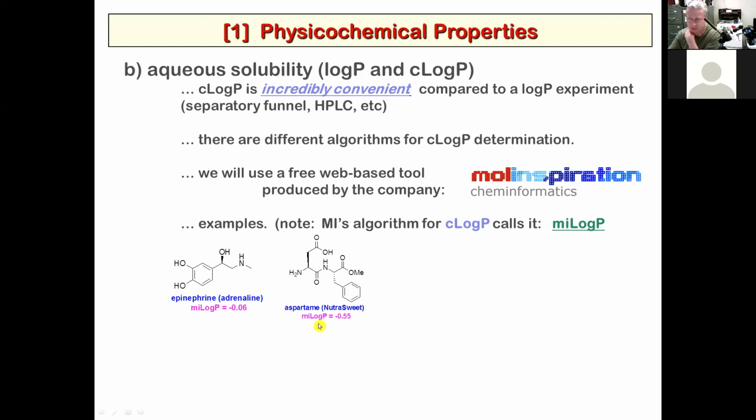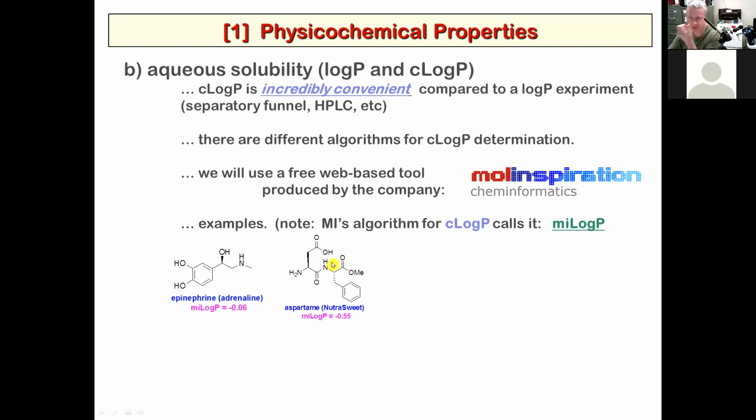Aspartame, which is NutraSweet. So this is a peptide. I don't know if people even use aspartame as much. Now there are some really nice artificial sweeteners like sucralose and other things. But this is not something that we really need to absorb into our body. It's not a drug.